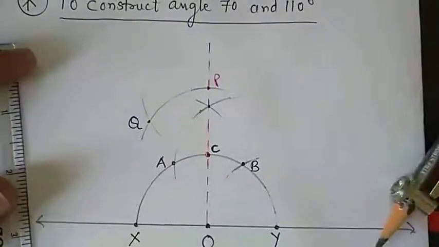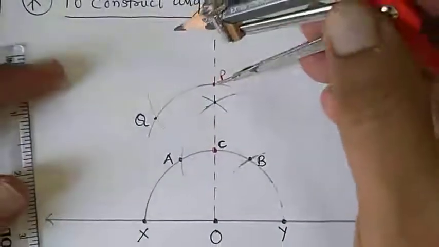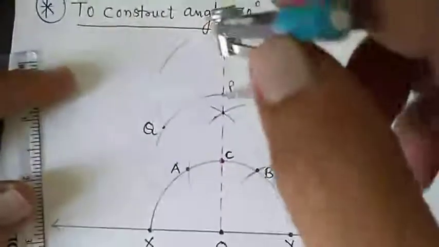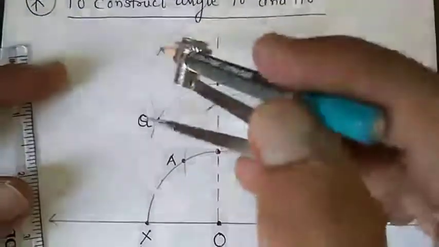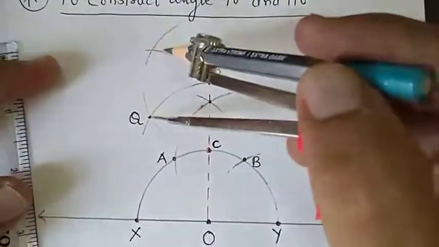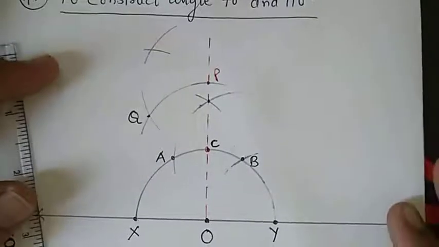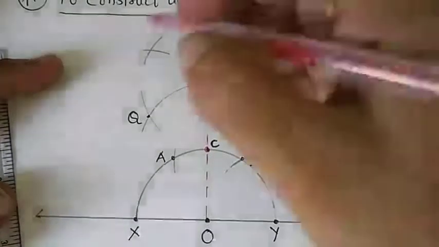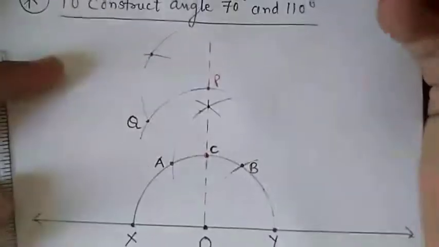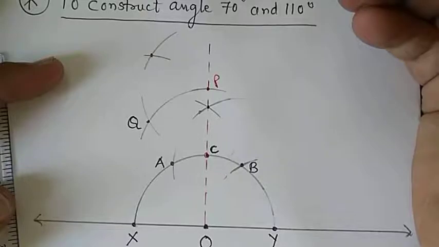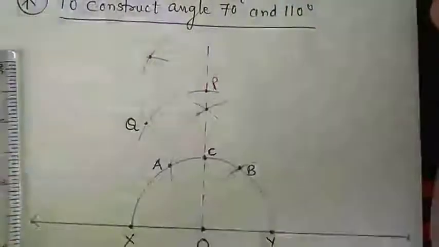So from P and Q I will do another bisector of it from point P and from point Q. Clear? So from both this point P and Q, I have got another intersection bisector of this 2 P and Q here. Okay, clear to you all?